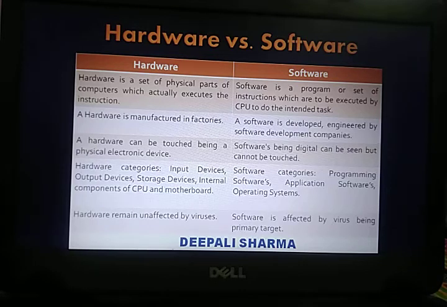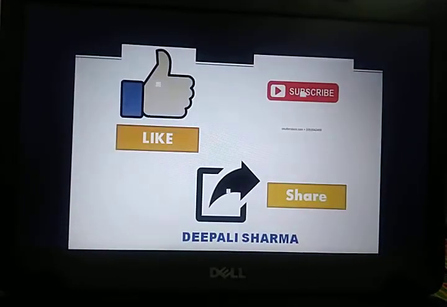That's all about hardware and software. I hope the difference between hardware and software is clear to all, because till now the students were learning only that hardware is physical and software is only the things which you are not able to see. So students, that's all about this session.